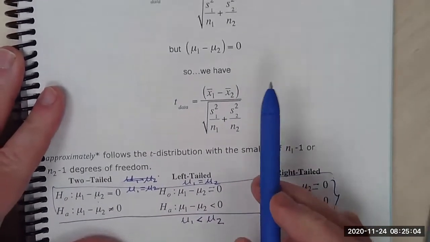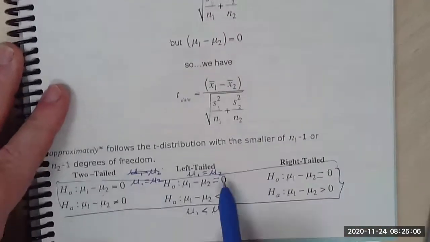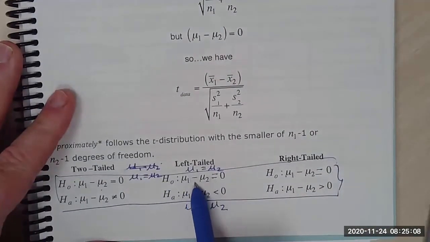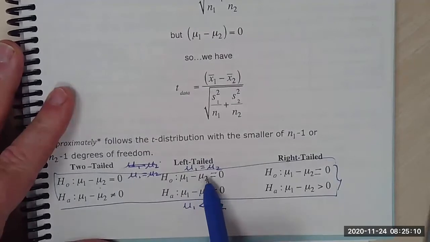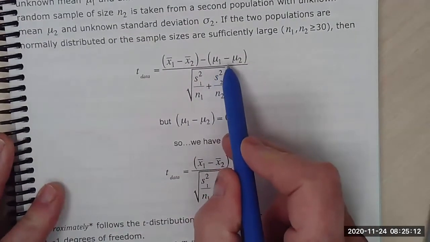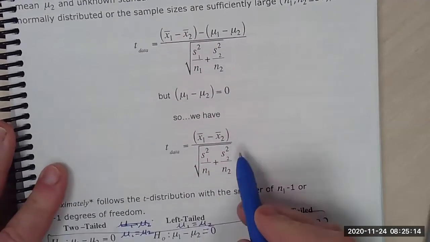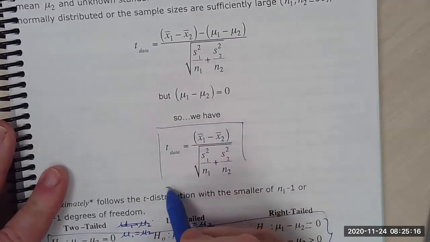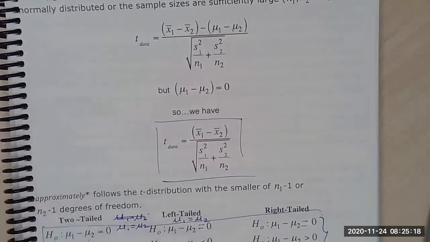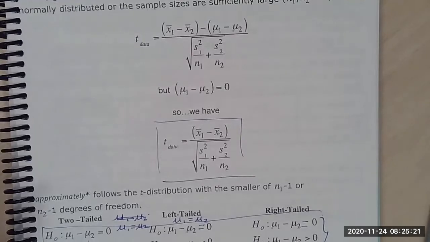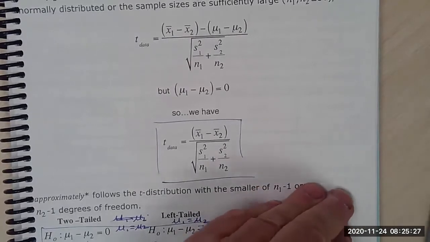So in the formula, if you think about that, if this is equal to 0, see how it's equal to 0? Mu sub 1 minus mu sub 2 is equal to 0. Put a 0 here, and then you've got this formula that simplifies down. So it's really not that big a deal to try to find the data value if you didn't use your calculator or there wasn't a calculator place to find that number.